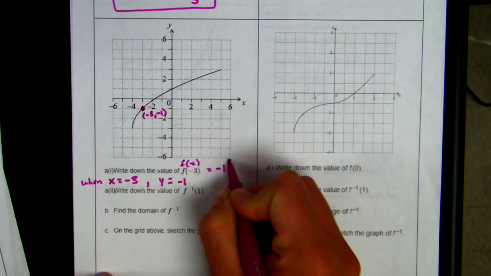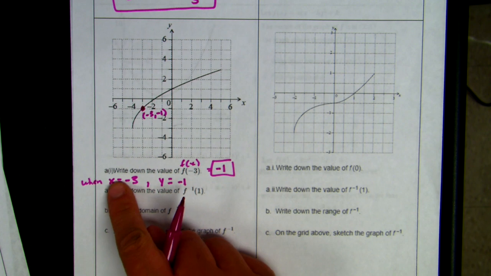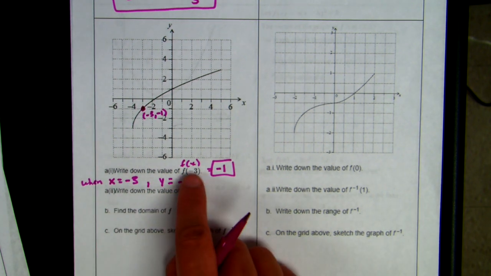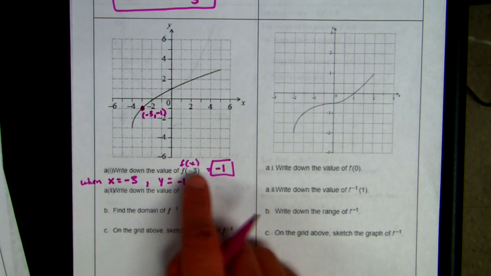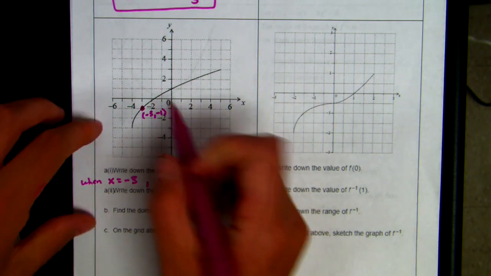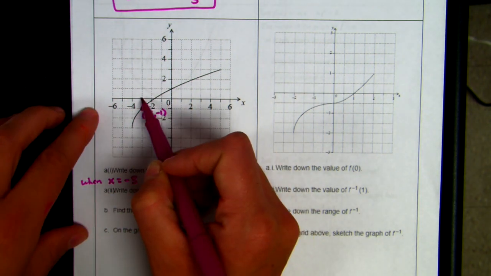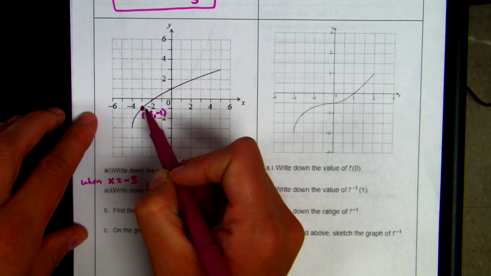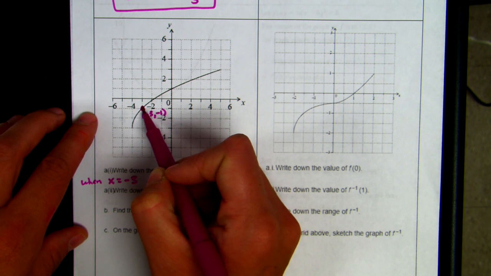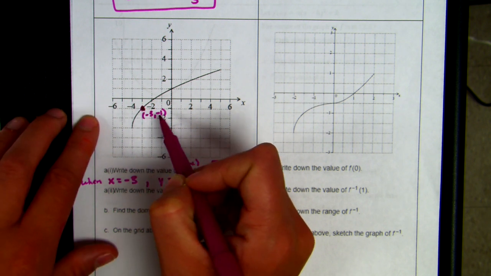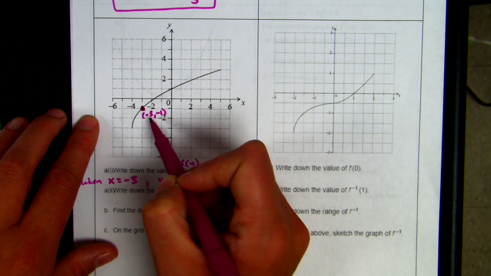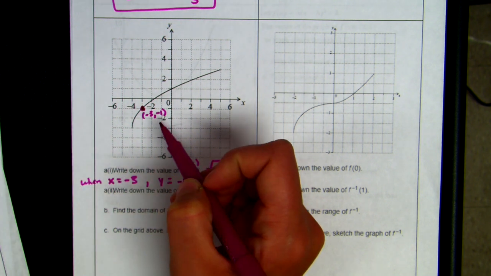So my answer here is negative 1. So this question is really asking me, when x is equal to negative 3, what is the y value equal to? Well, on this graph, if I go over to negative 3 and go down 1, I find a point on this graph. So at negative 3, my y value is negative 1.